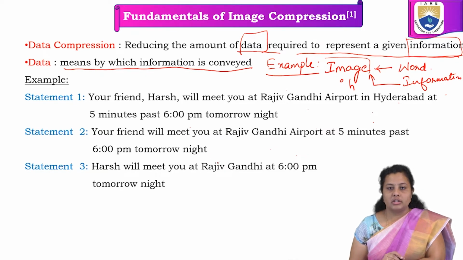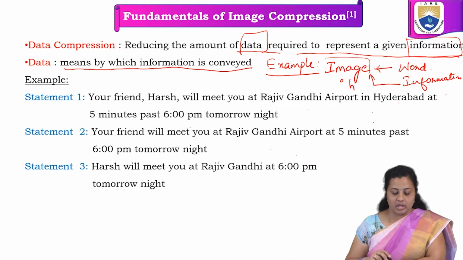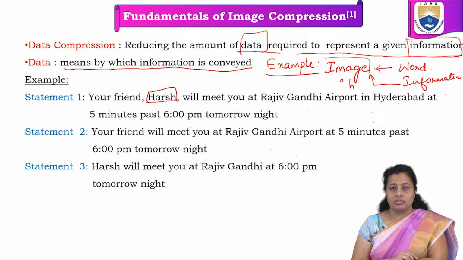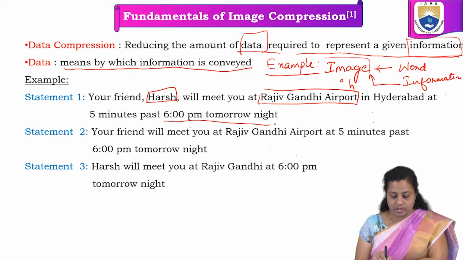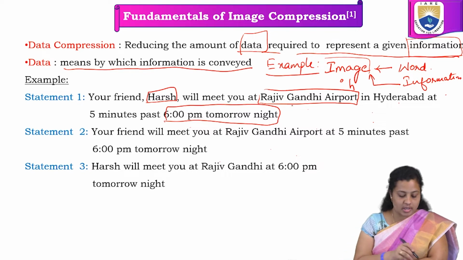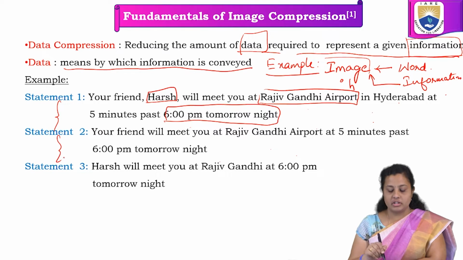Statement 3: Harsha will meet you at Rajiv Gandhi at 6 p.m. tomorrow night. What is the information being conveyed here? Harsha is going to meet you at Rajiv Gandhi Airport at 6 p.m. tomorrow night.